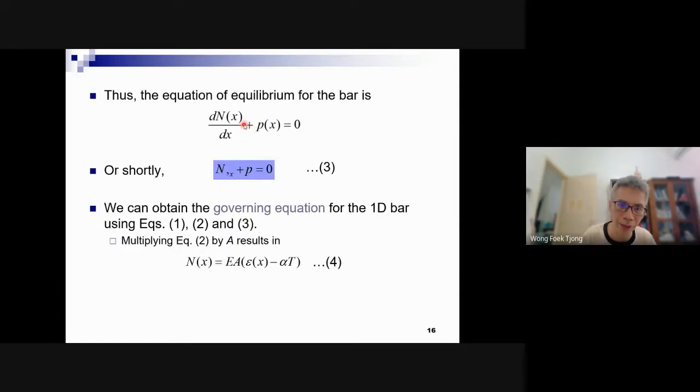Or briefly, I can write this using comma notation. Comma means this one, okay? So this is the third equation. Well, it's good that now we have the three equations. Okay.